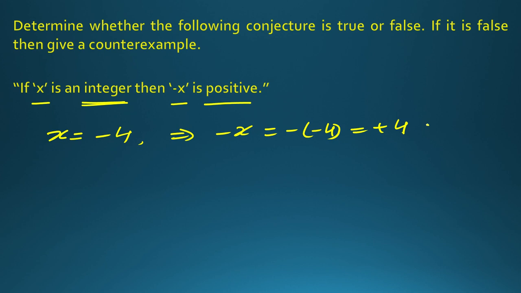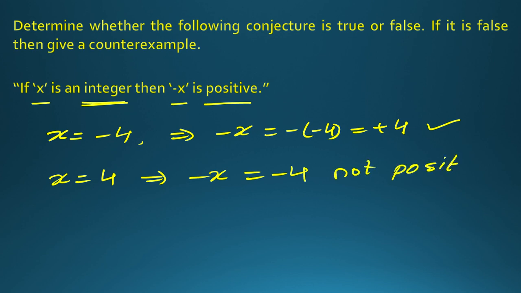Yes, then it is correct. But if x is a positive integer, like 4, then negative x will be equal to negative 4, which is not positive. So this statement is also not correct. Why? Because they are asking about a general integer. If they write here negative, then this statement will be correct.